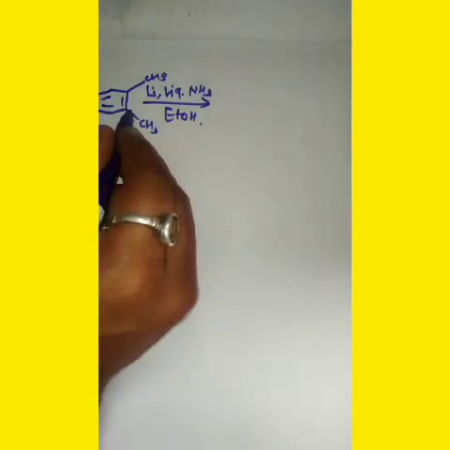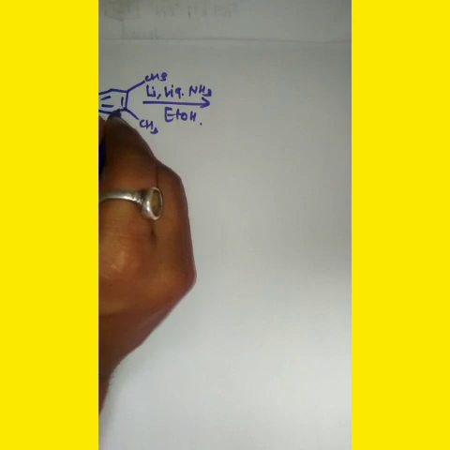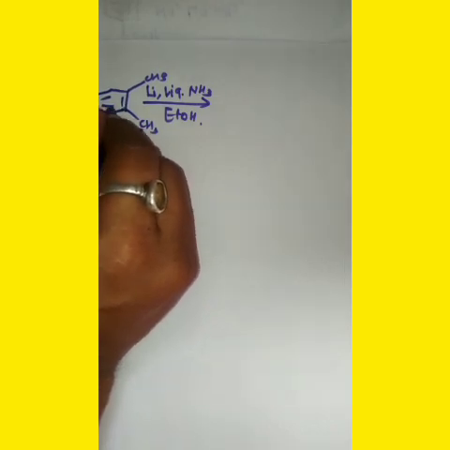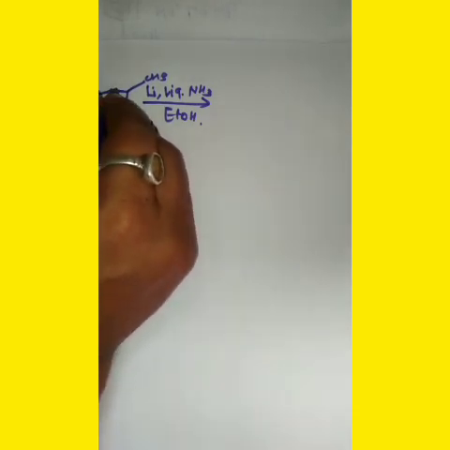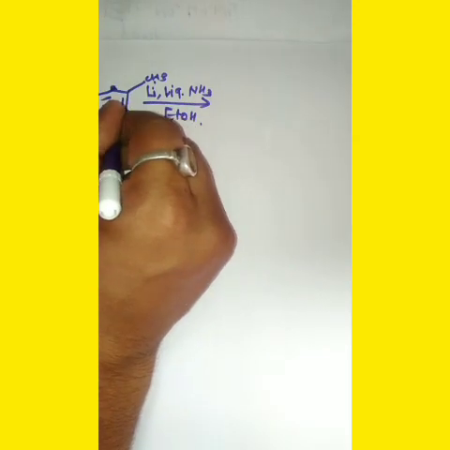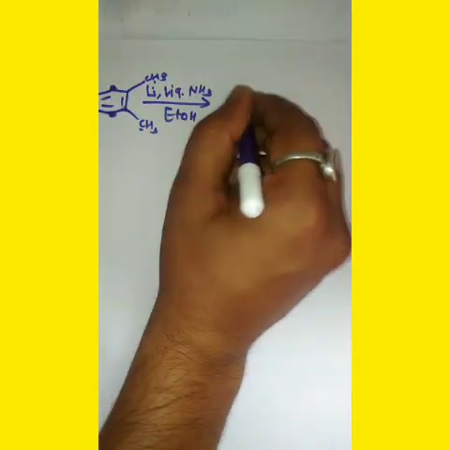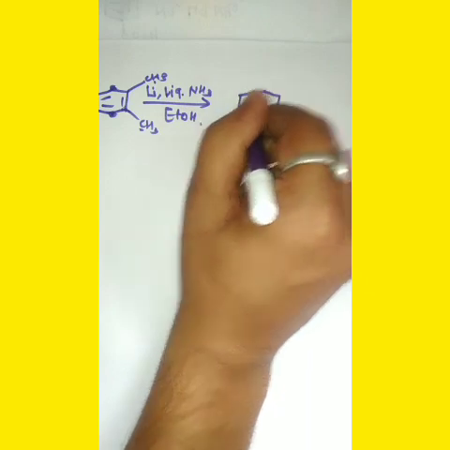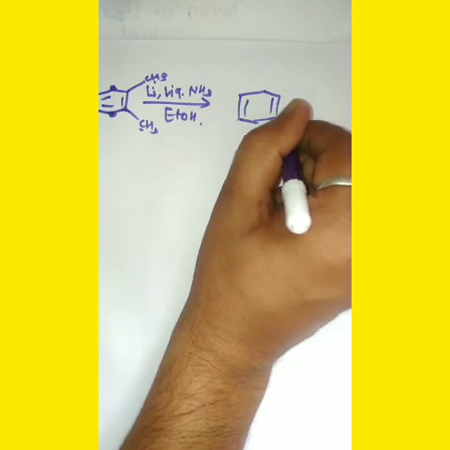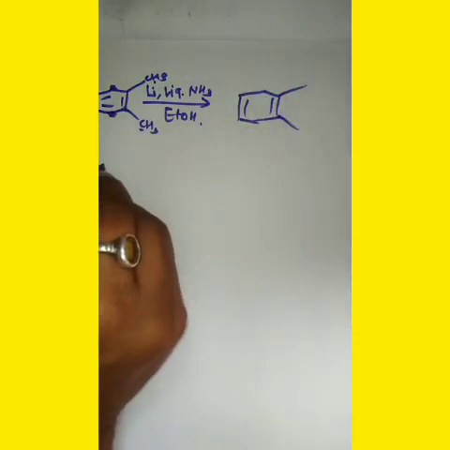We know that the alkyl group is an electron donating group. So considering these methyl groups, the reduction happens ortho to these groups and meta to these groups. So we get the product like this.